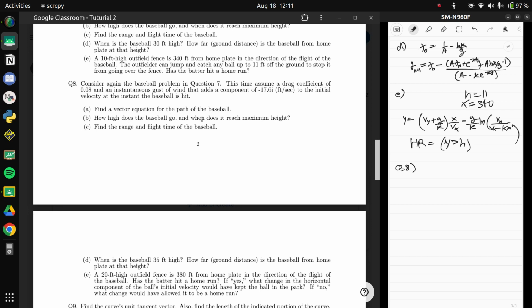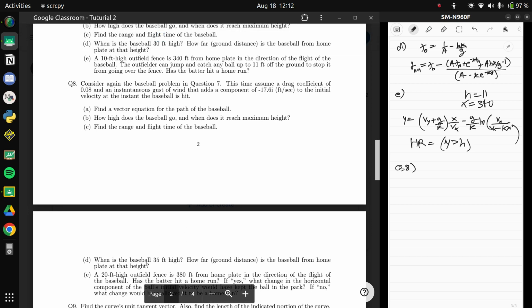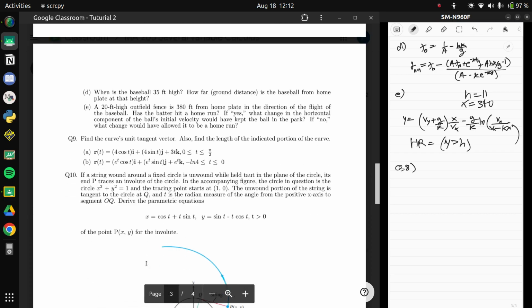Find the range and flight time. So when is the baseball some feet high? So at some h value, we already found something like that, right? At 20 feet high, outfield fence is 30. Sure, the same thing as before, just changing numbers. Now it's an extra question.